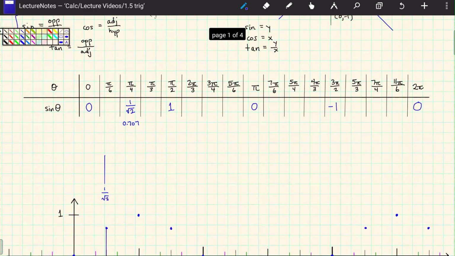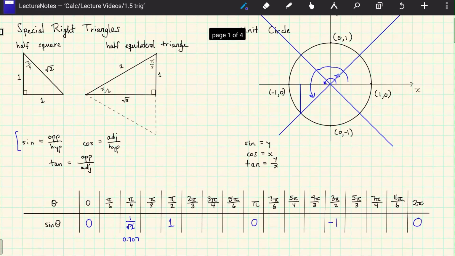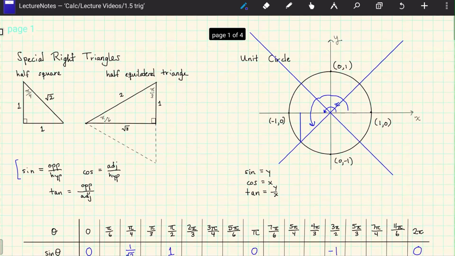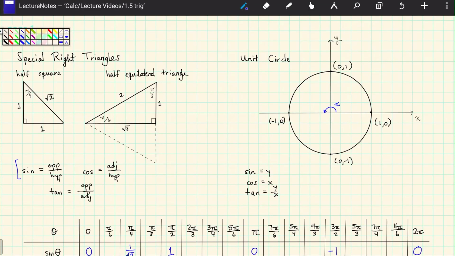Let's look now at the pi over 6 and pi over 3 angles. One thing that's nice about this that I like to use when I'm working with precision drawing tools, like in my tablet, is a way of making perfect circles.